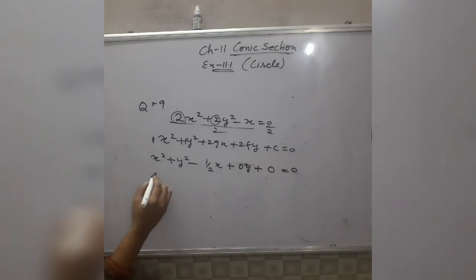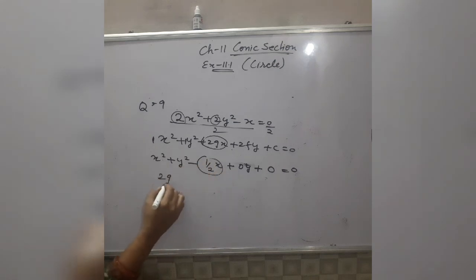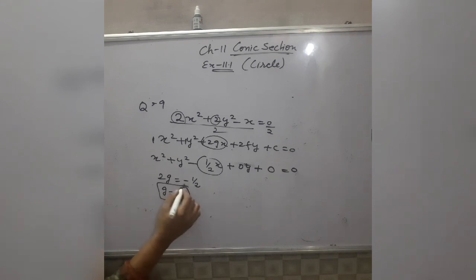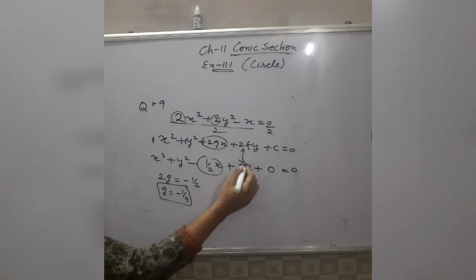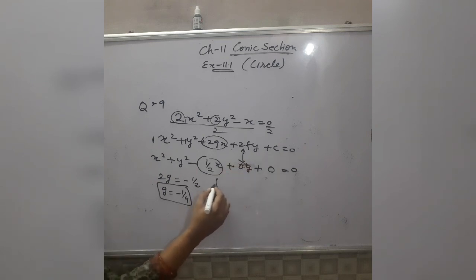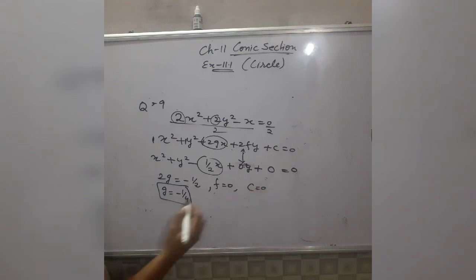So firstly we will find out g. The term 2gx is equal to minus half x. So 2g is equal to minus half, or you can say g is equal to minus 1 by 4. The term containing the y variable is 0 here, so the value of f is 0. The constant term is also missing, so c is also 0.